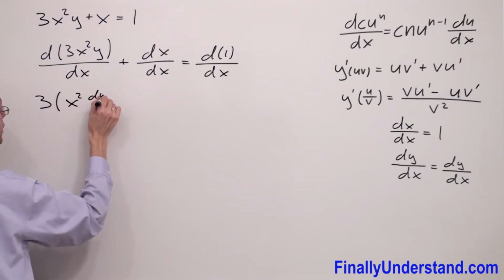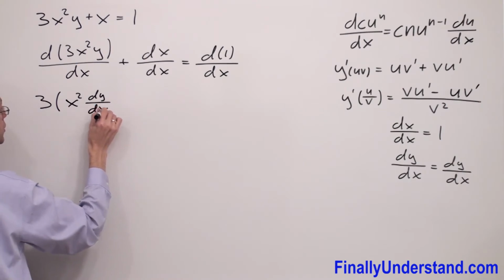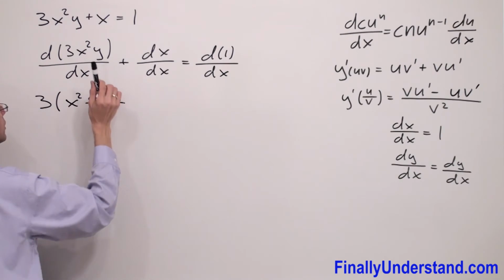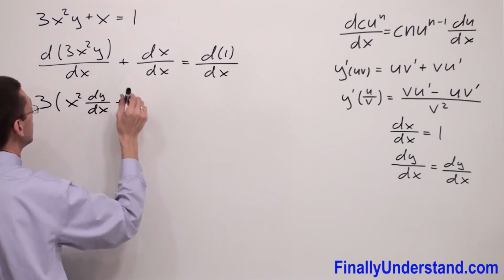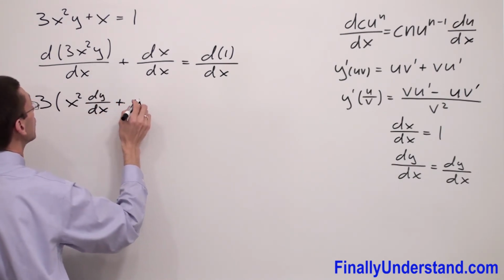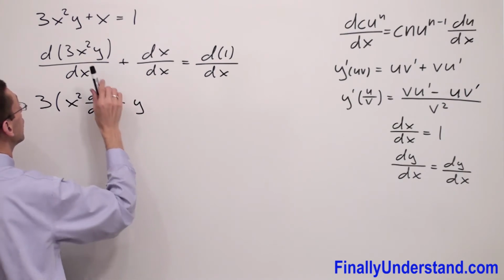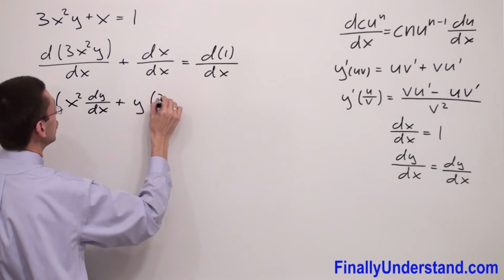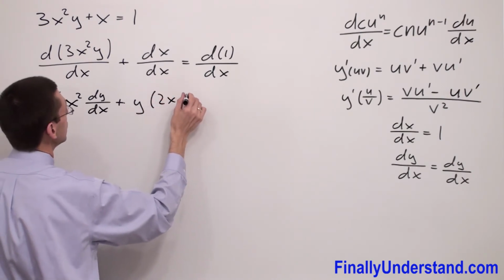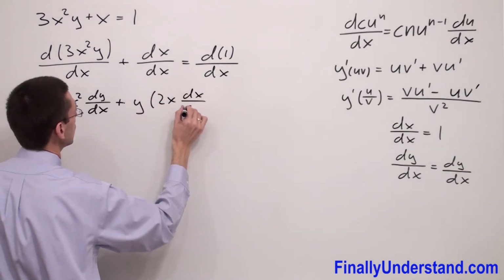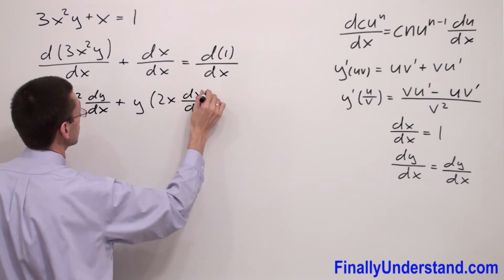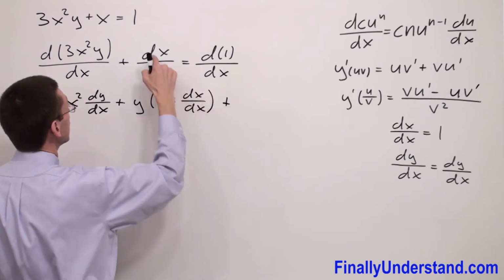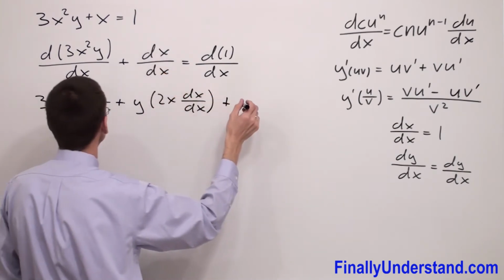So I have dy over dx, plus the second factor multiplied by the derivative of the first one. So I have 2x dx over dx, okay, plus dx over dx is equal to 1.